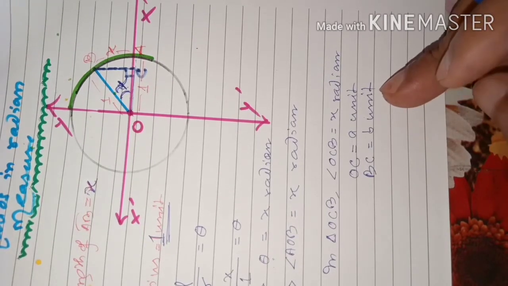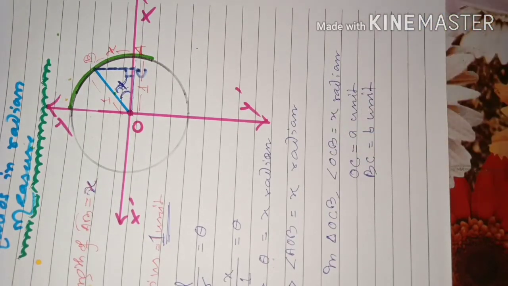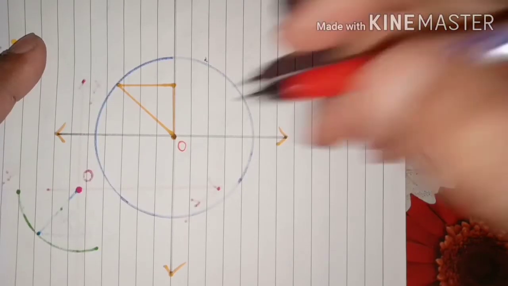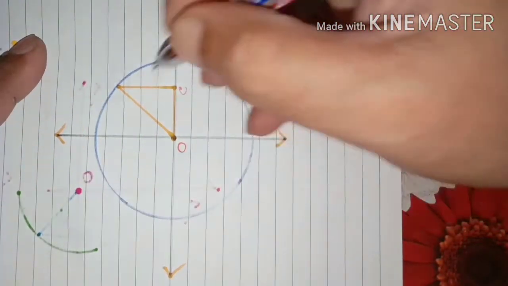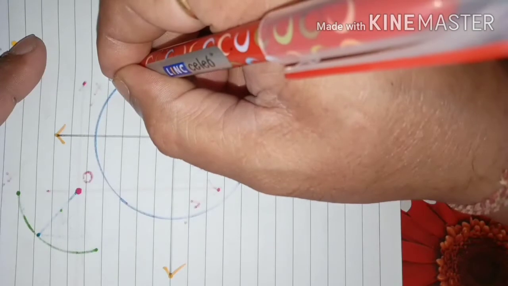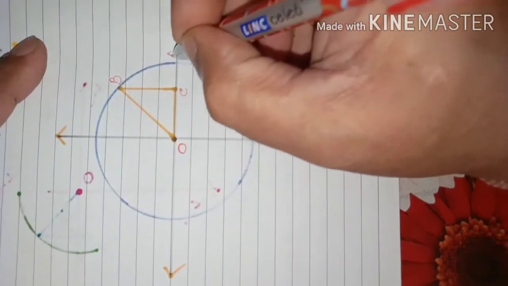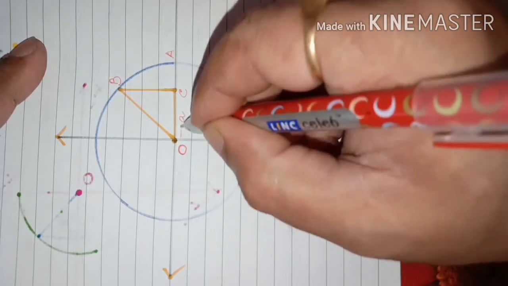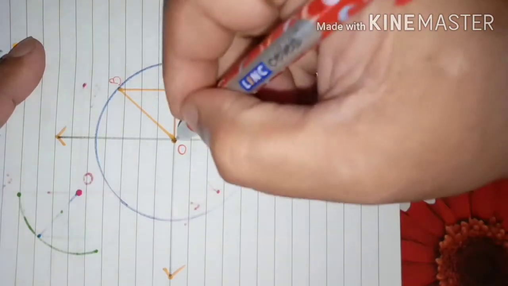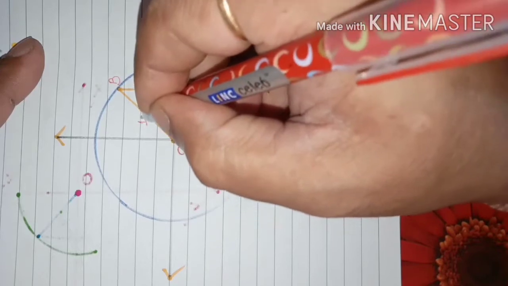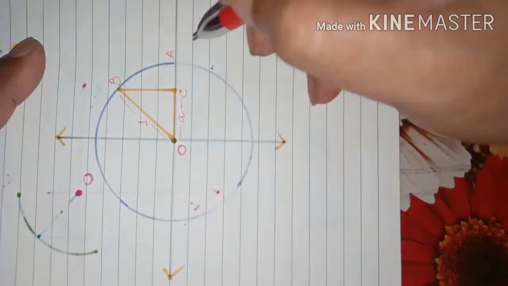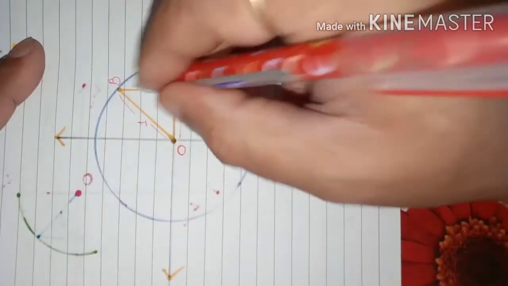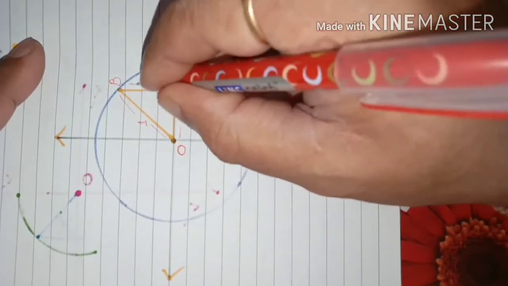Now let's go to another diagram, again with the same thing only. So I was saying that this point is C, this point is B, this point is A, and I said that OC you consider as A unit. OB is 1 unit, because it is a unit circle, radius is 1, and this BC I said you take as B unit.